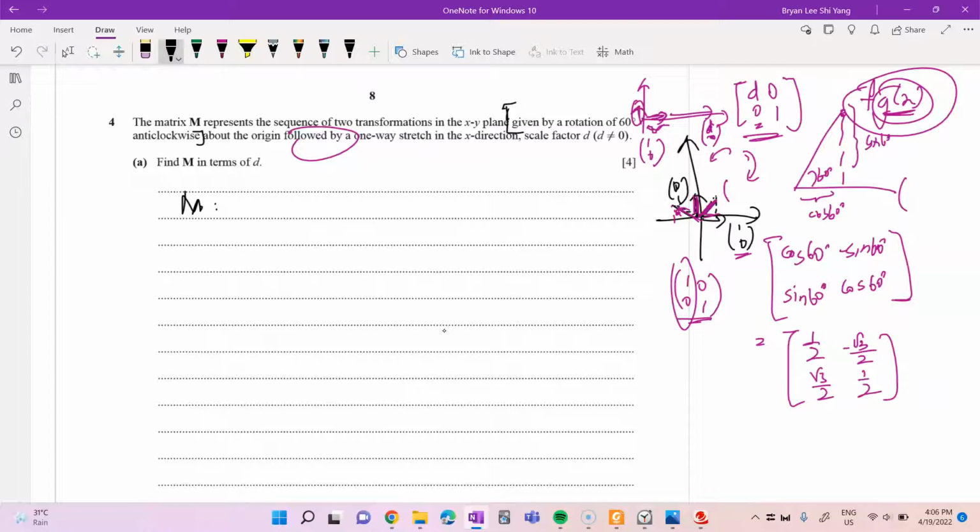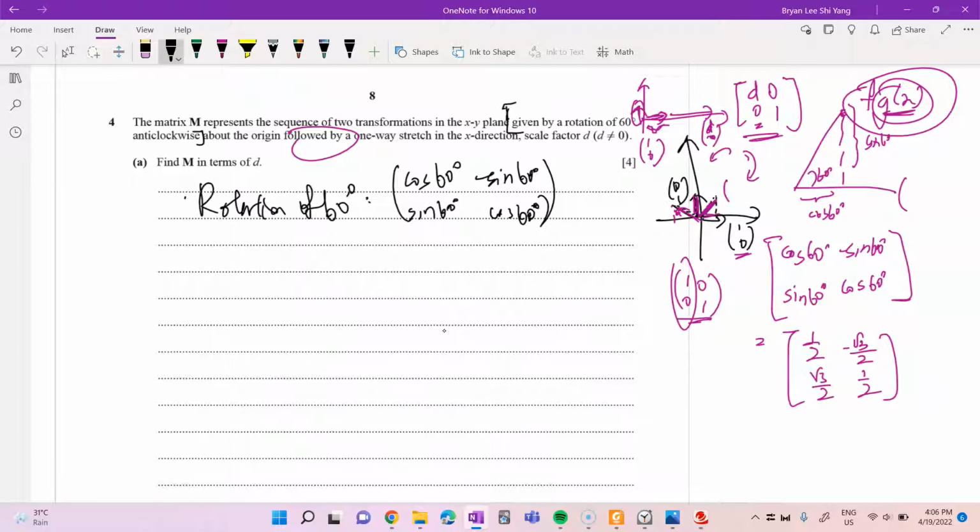Okay, so the first one, rotation of 60 degrees, I could just state: cos 60, sine 60, negative sine 60, cos 60, which would be what I've written below, with negative and then 1/2. And then the one-way stretch in the x direction.